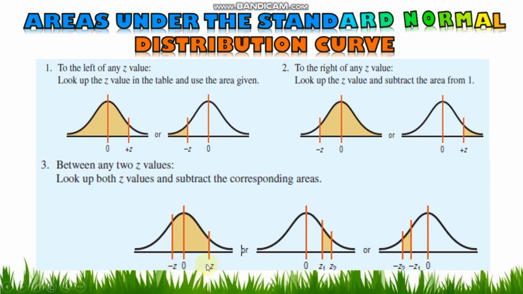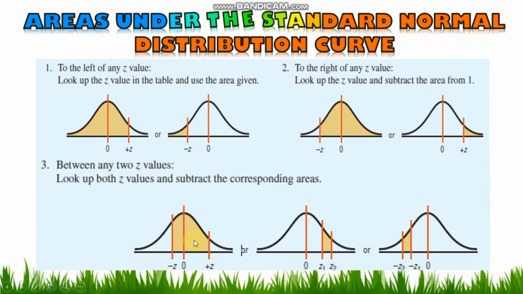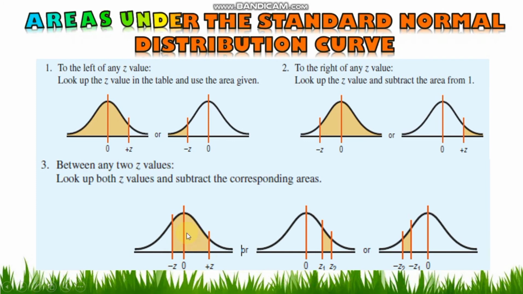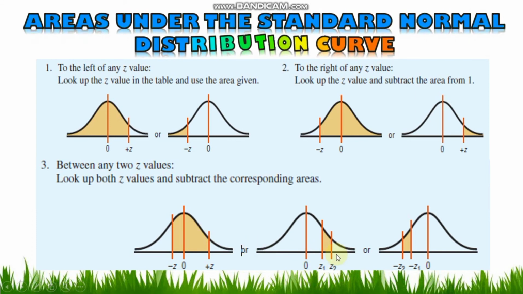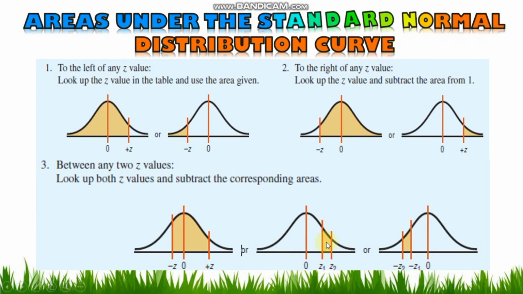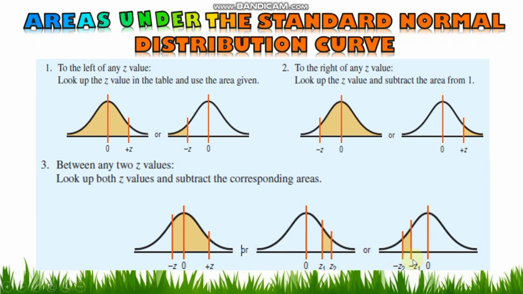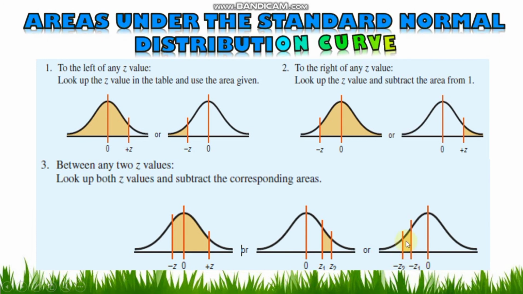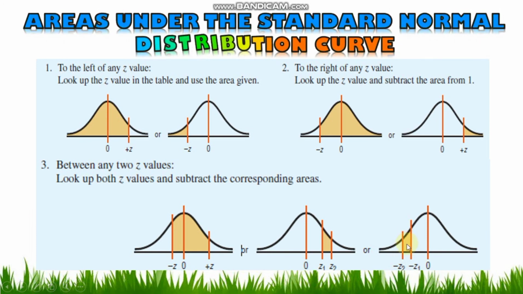If you have a negative and positive z-value, and you are looking for the area in between them, ganito yung itsura or the shaded part that you are looking for. If it is two positive z-values and you are looking for the area in between them, ito siya. And if it is two negative z-values and you are looking for the area in between them, ito naman yung shaded portion.